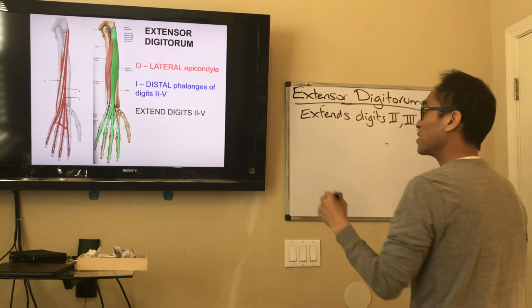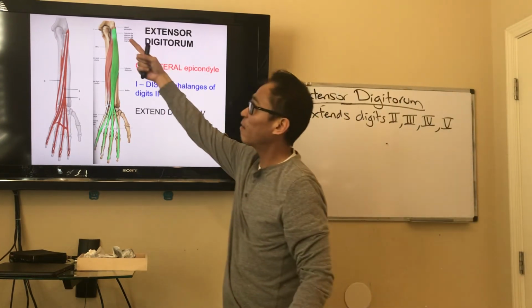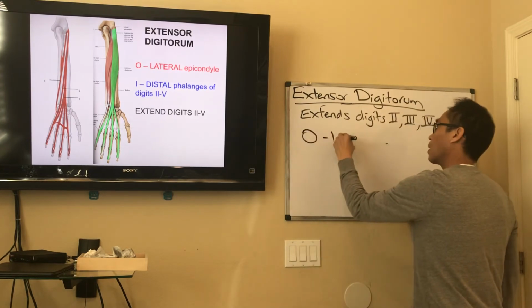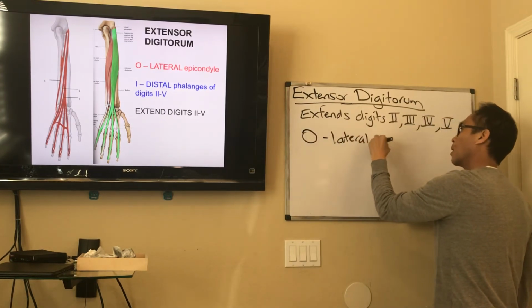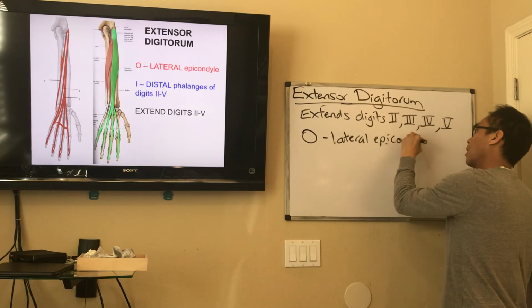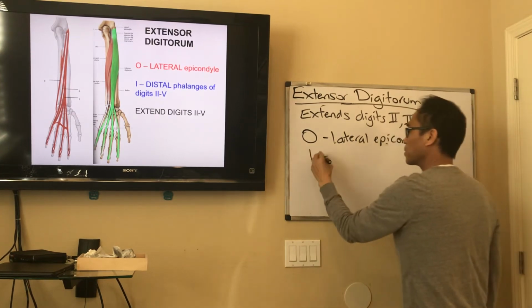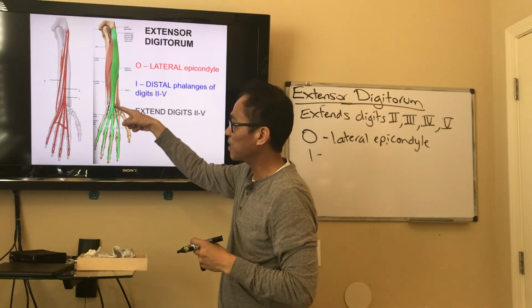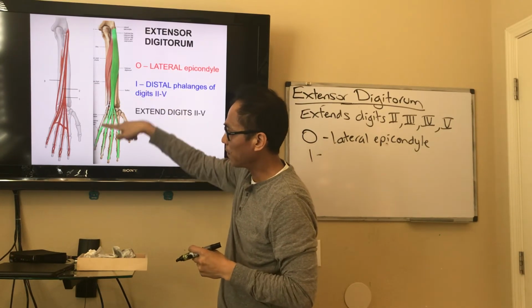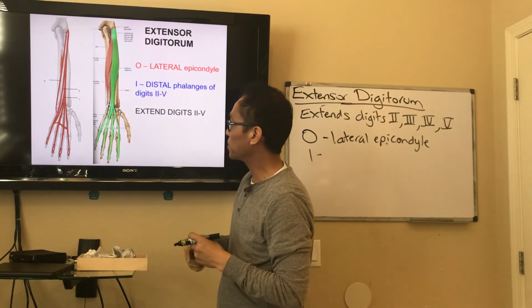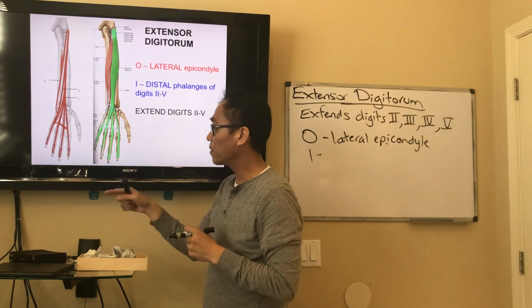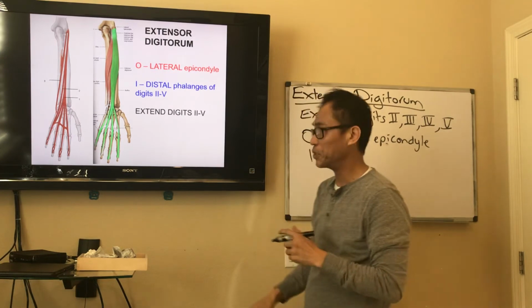So it originates, same thing, way up here, lateral epicondyle. It inserts. It's going to way down here, the muscle does, then the tendons kind of fan out, and they go to digits 2, 3, 4, 5, all the way to the distal phalanges of those digits.